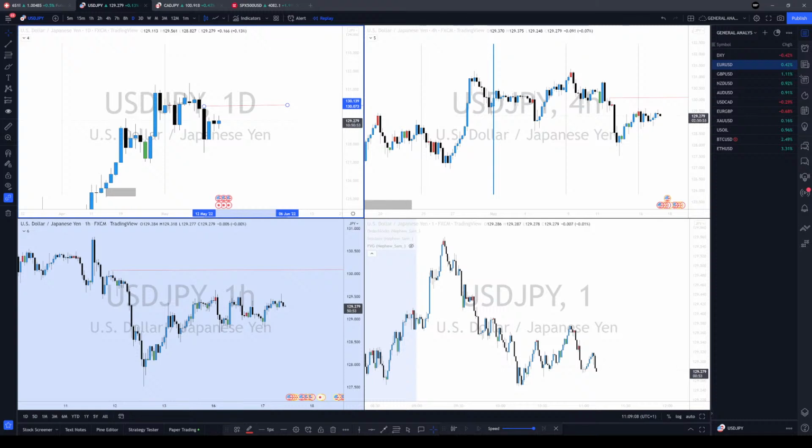It's gonna give you the performance for the currencies, individual currencies, and you're gonna see which currency is strong and which one is weak.